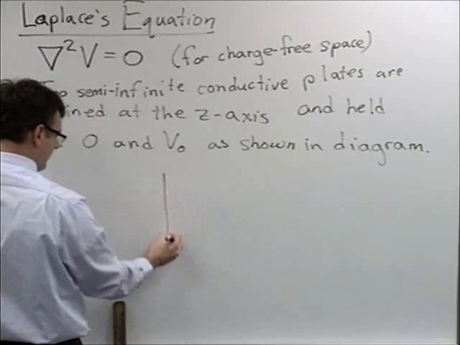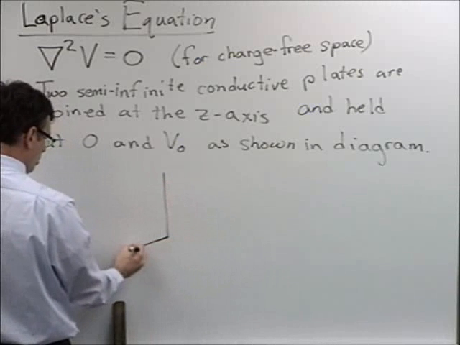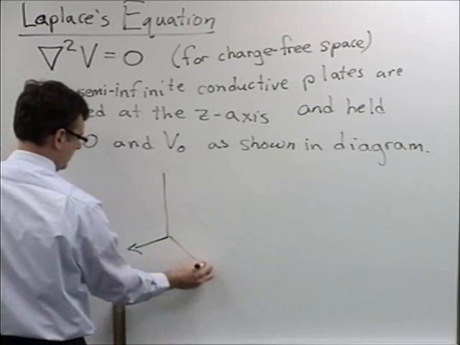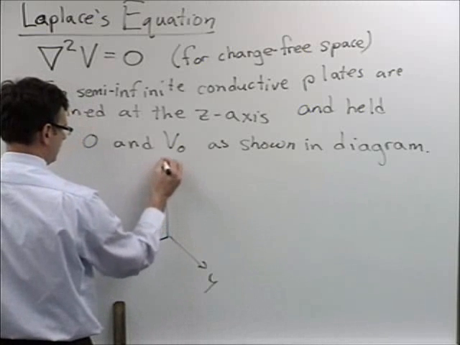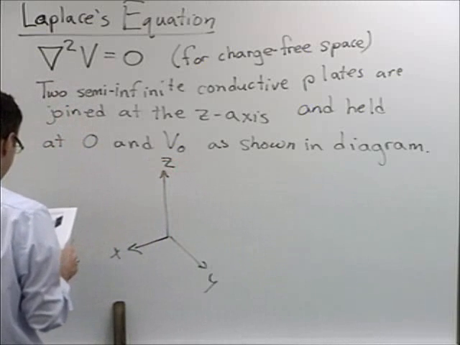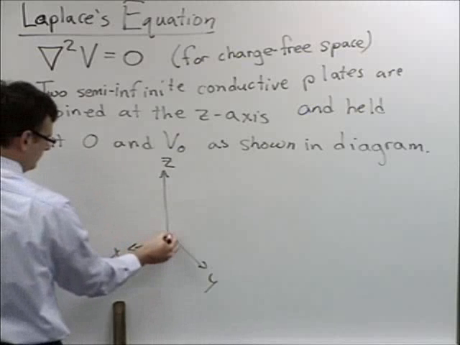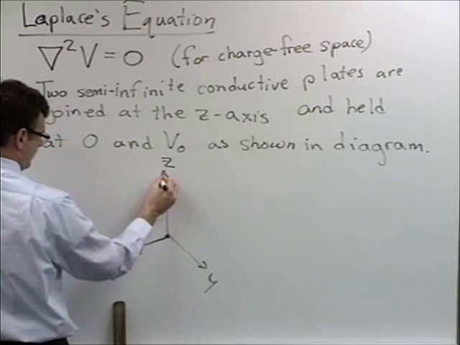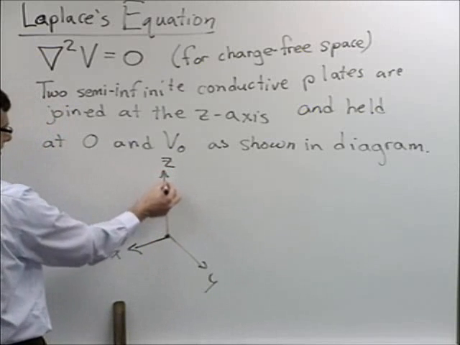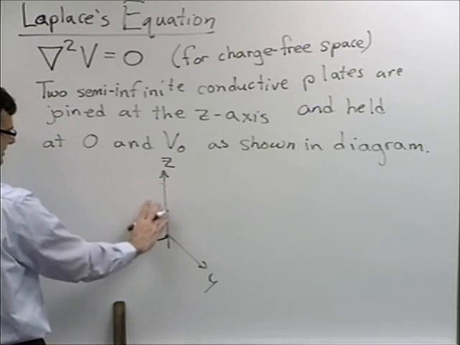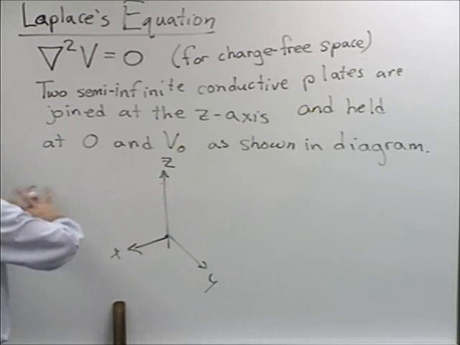We've got, let's draw our right-handed coordinate system, x, y, and z. And of course, semi-infinite plate, so in the xz plane, there's an infinite plate.